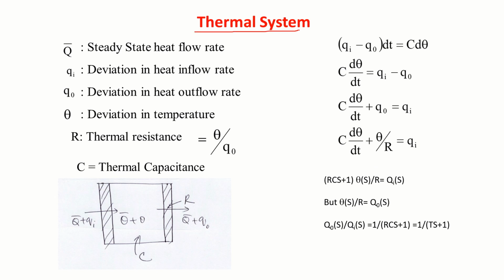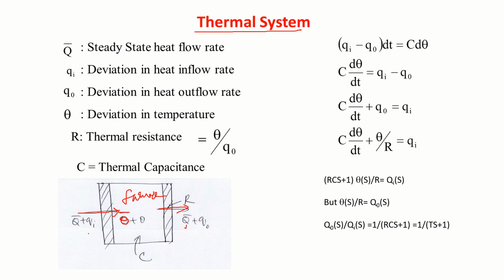In the same way, let us consider another example, say a thermal system. So this is a furnace. Let us say Q bar is the rate at which heat is flowing in, theta bar is the corresponding temperature here, and Q bar is the steady heat outflow rate.